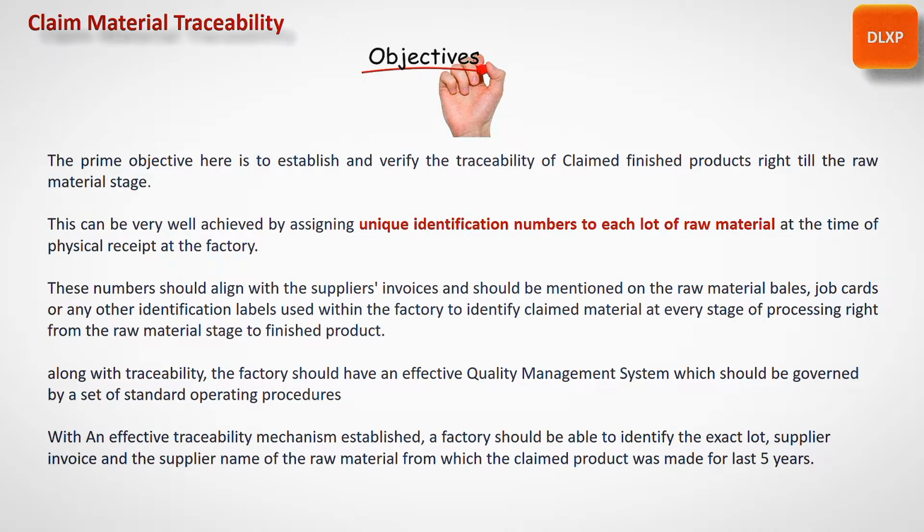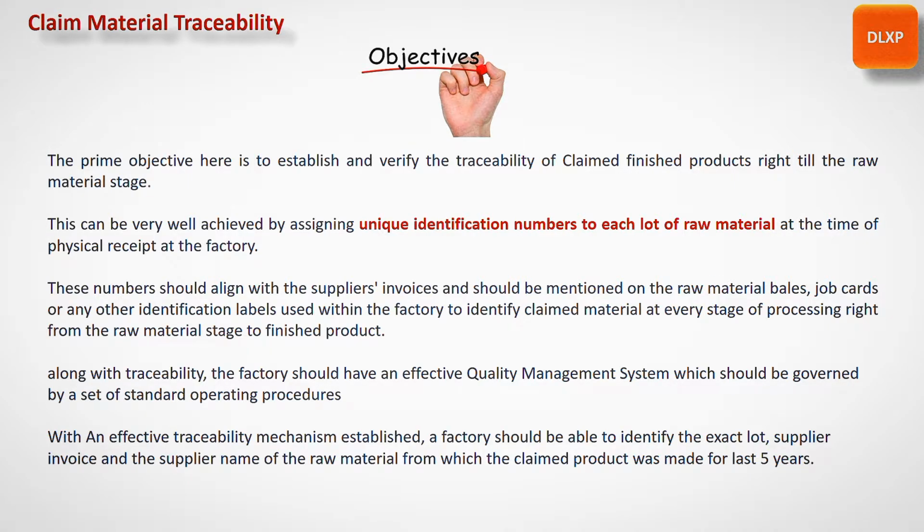Along with traceability, the factory should have an effective QMS, which should be governed by a set of standard operating procedures. For instance, production control systems, quality systems, checking systems, all involved with the systems.